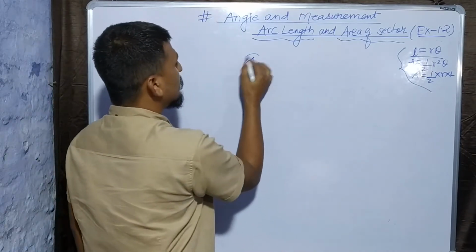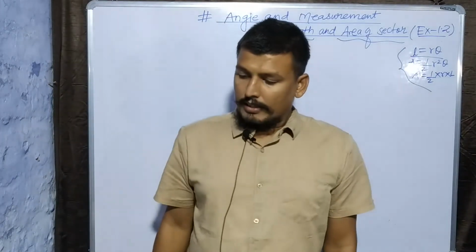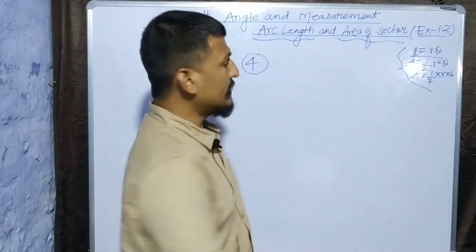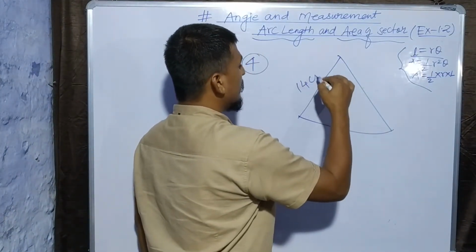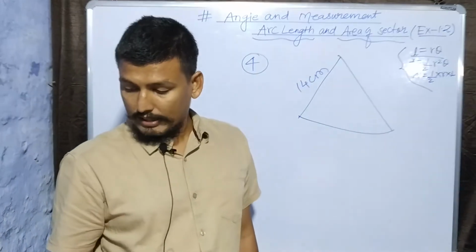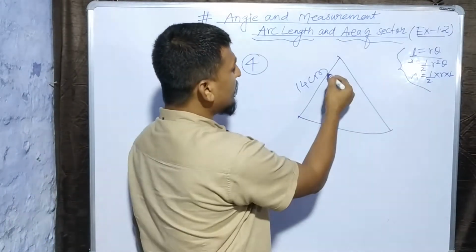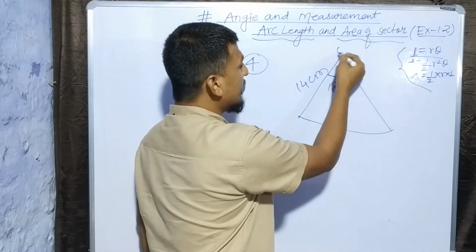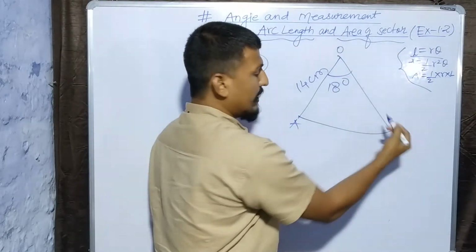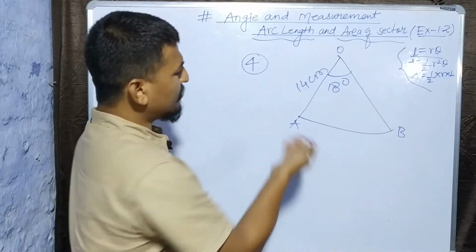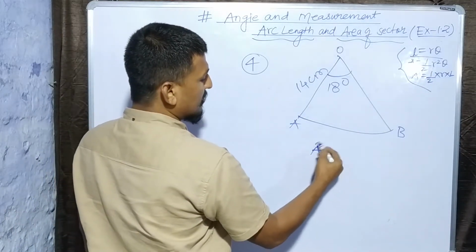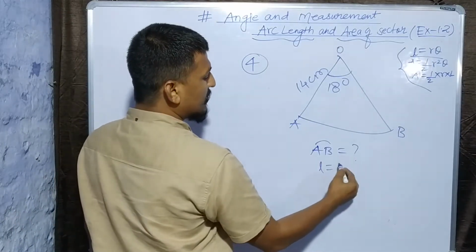In question number 4, a pendulum of length 14 centimeter oscillates through an angle of 18 degree. You have to find the length of its path. Length of path AB equals question mark. So L is equal to r theta.